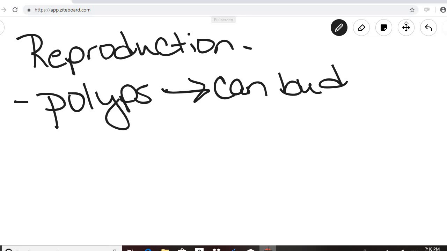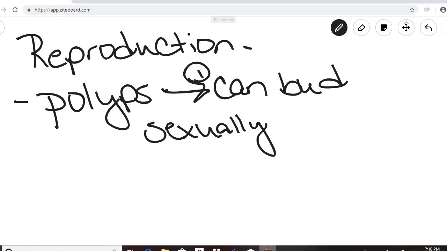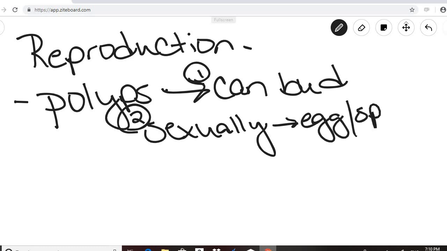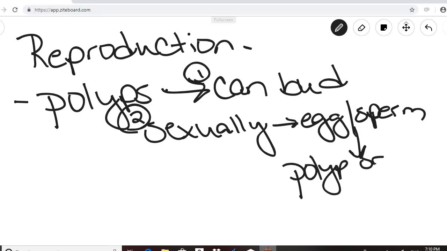The polyps can also reproduce sexually. So one way the polyps can reproduce is by budding. A second way is sexually, and with sexual, you have the egg and the sperm. And those egg and sperm can then become either a polyp or a medusa, just like we saw with the medusa form in reproduction.